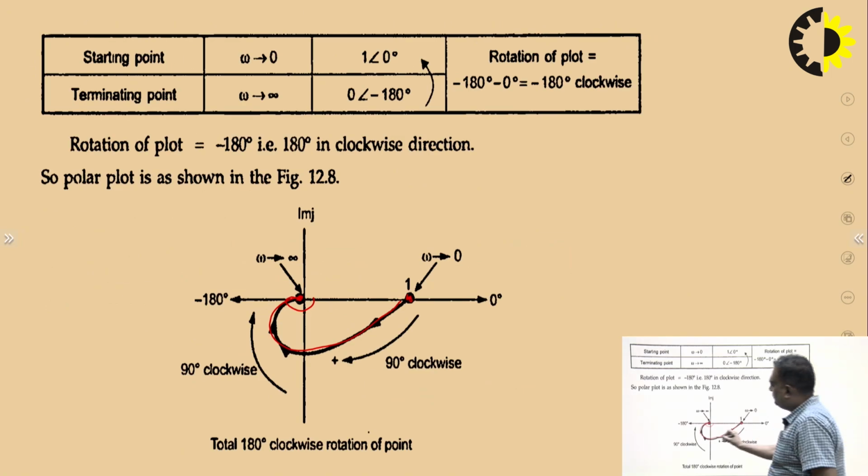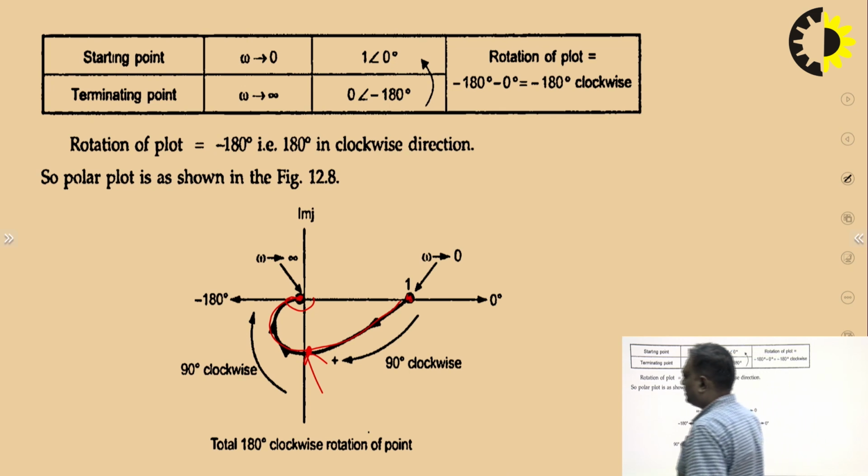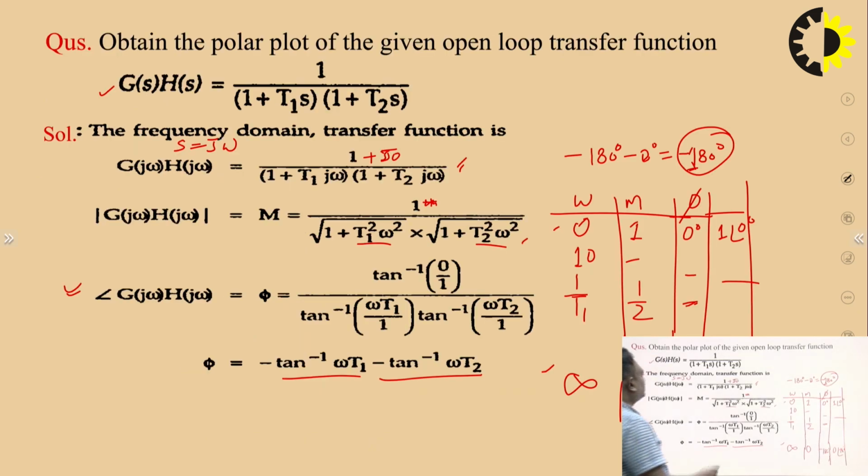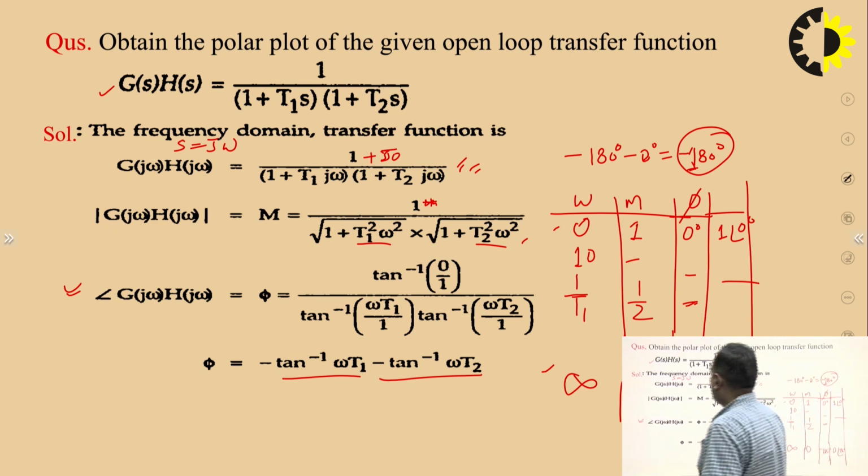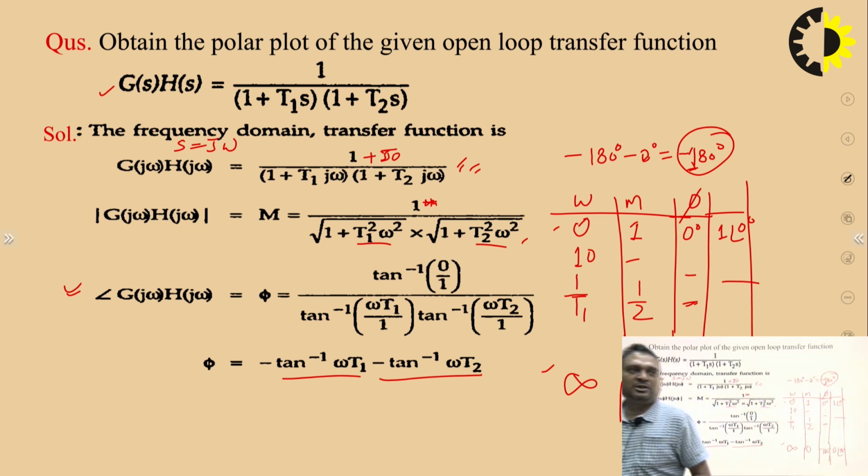And if you want to calculate the value of this point, if it is required, then you can easily calculate it. How will you calculate it? You have the transfer function. You multiply it by its conjugate to rationalize it. Once you rationalize, the real part and imaginary part are separated.